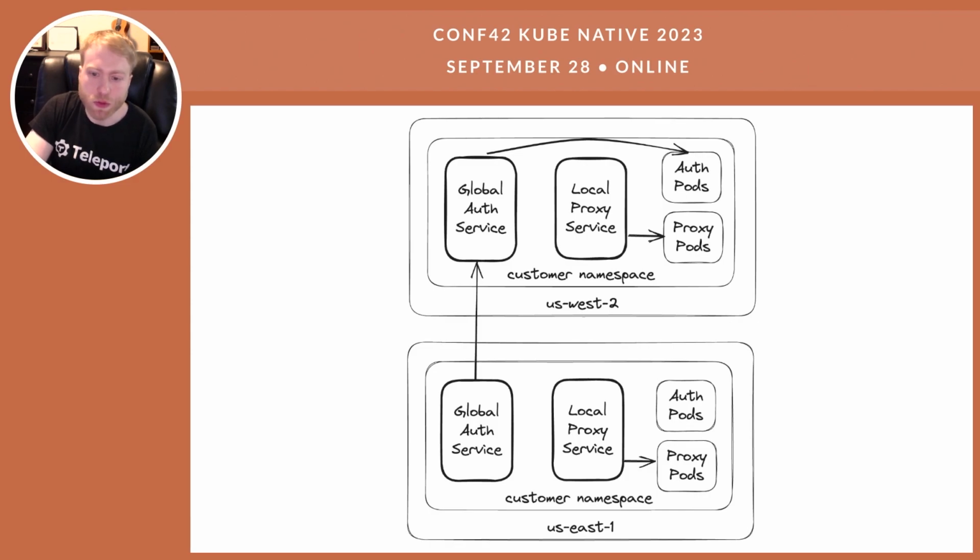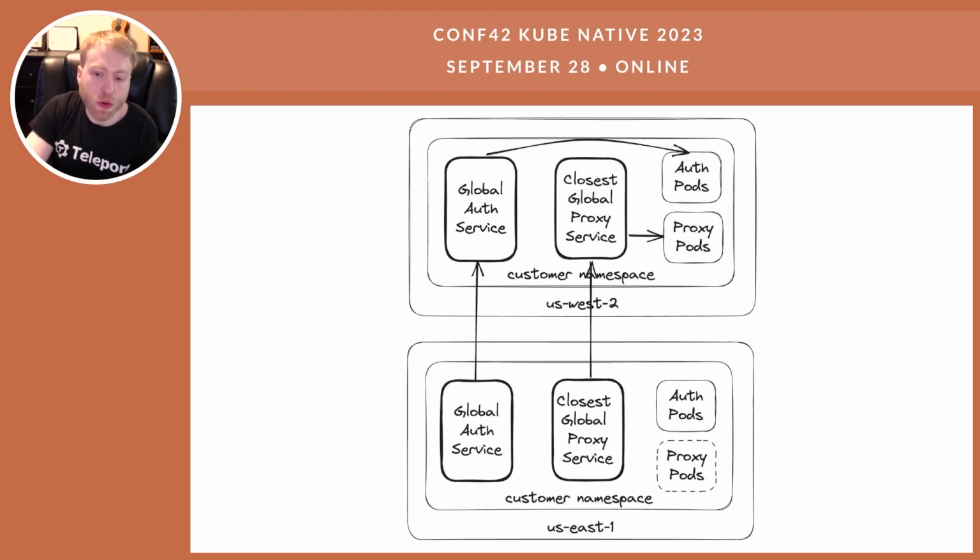That lets us run our auth servers in multiple availability zones in one region, but not have to run them in every region. And proxies in all regions have cached access to those auth server pods.